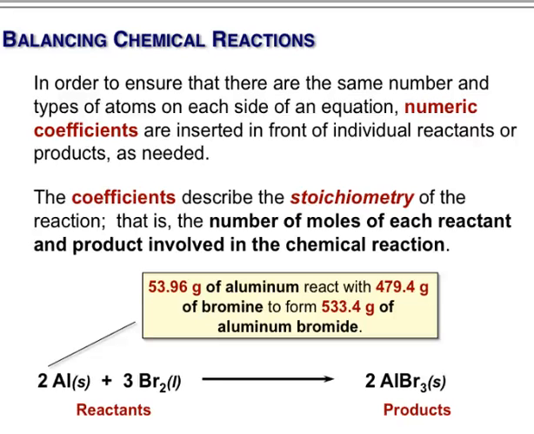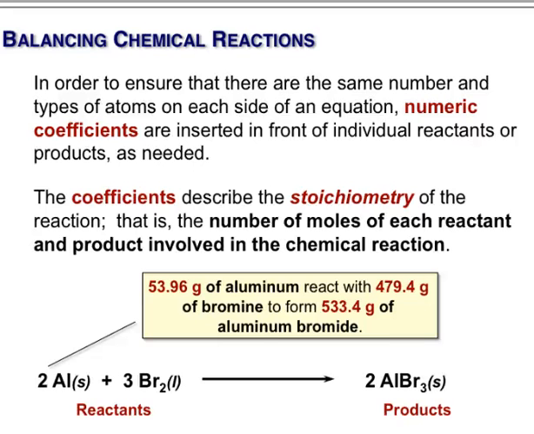So this is nothing more than the concept of molar masses applied to stoichiometry. This is how we will do chemical reactions very quantitatively. If I gave you this and I said that you had 53.96 grams of aluminum reacting, you could very easily say, okay, if that's the case, I should get 533 grams of product.